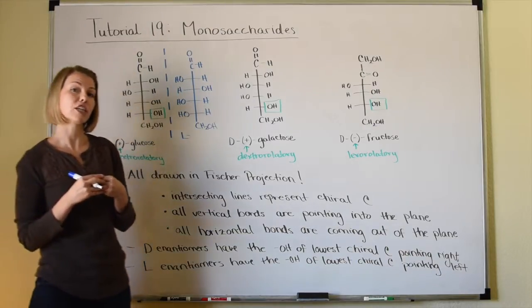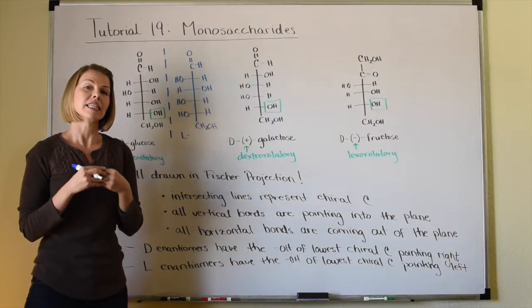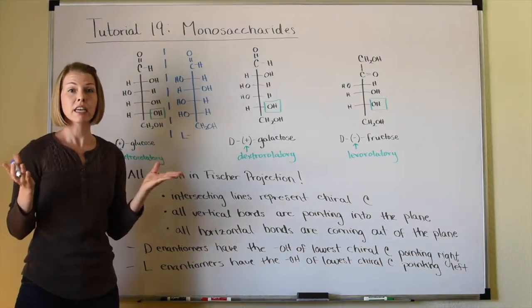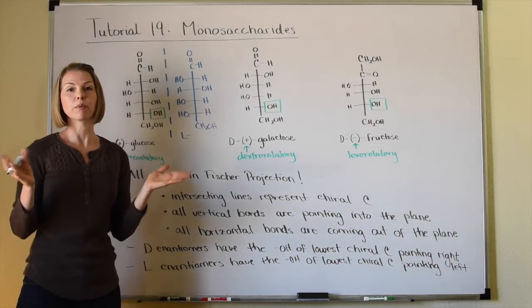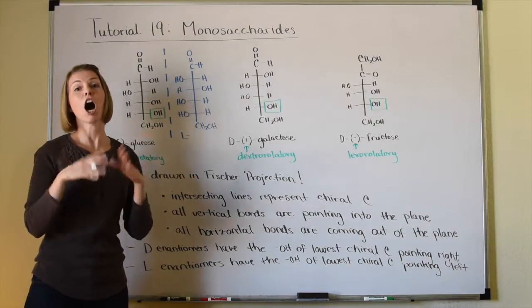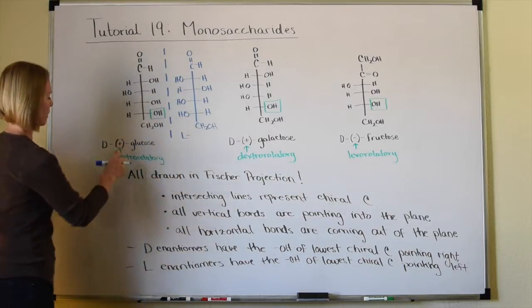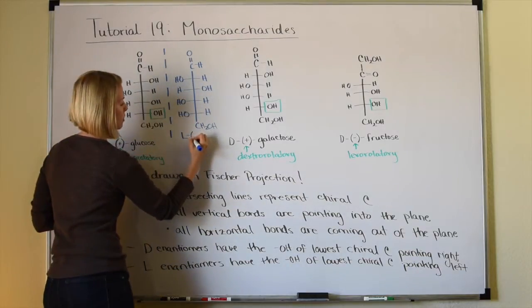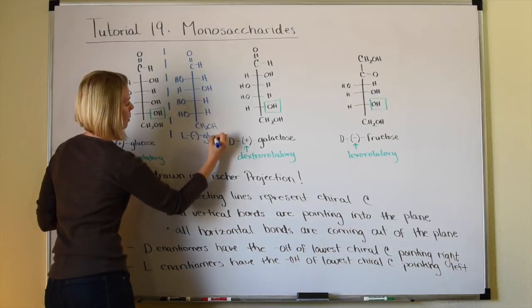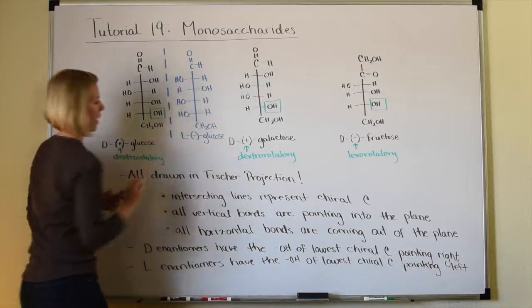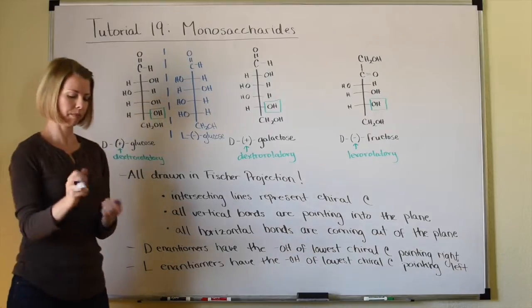Because remember that two enantiomers will have the same number of degrees of rotated plane polarized light, but they will rotate that plane polarized light in opposite directions. So if this is dextrorotatory, this must be levorotatory. Okay, so L-glucose.